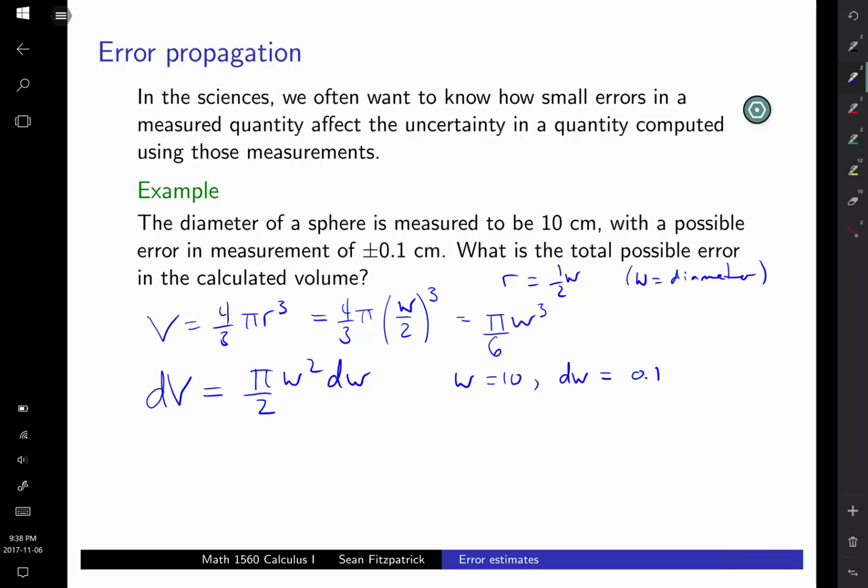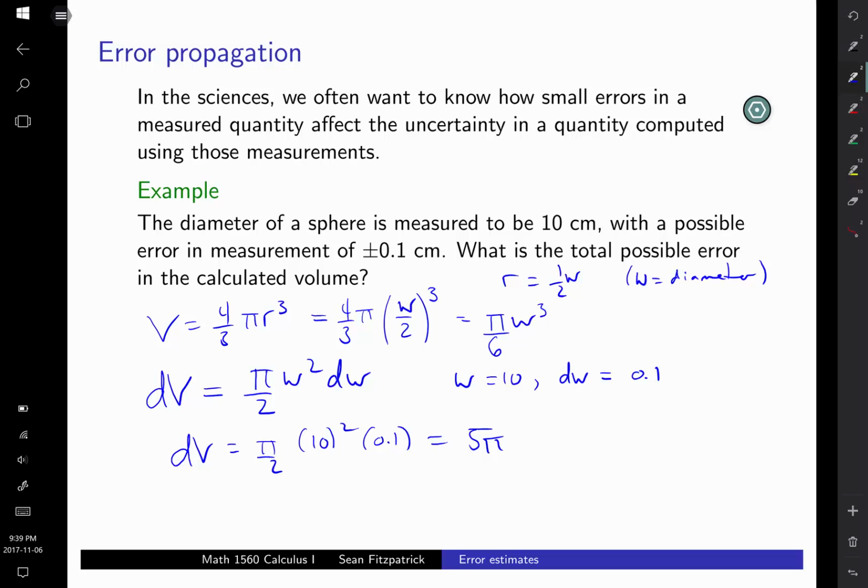So we put our numbers in: dV is pi over 2 times w squared, so 10 squared, times dw, so 0.1, or 1 over 10. 10 squared times 0.1 is just 10. We multiply by pi over 2 and get 5 pi as dV.